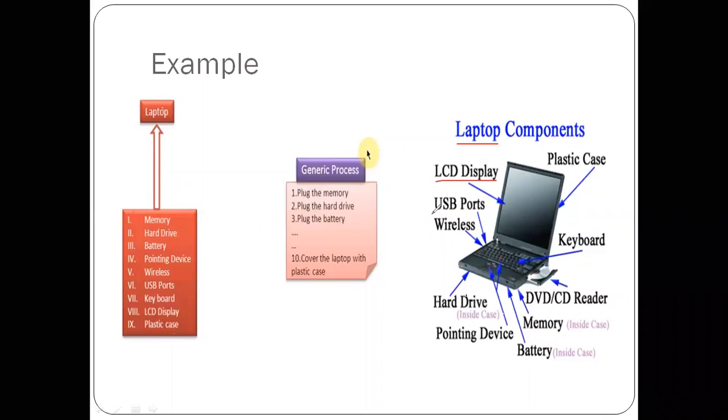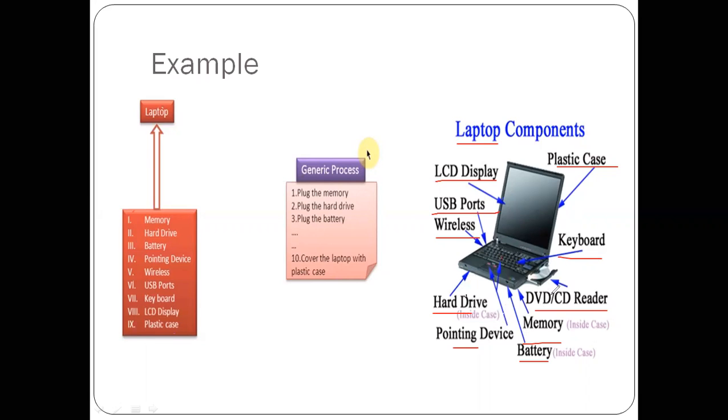LCD display, USB ports, wireless connections, hard drive, pointing devices, battery, memory, DVD and CD reader, keyboard, plastic case. These are all independent simple objects.